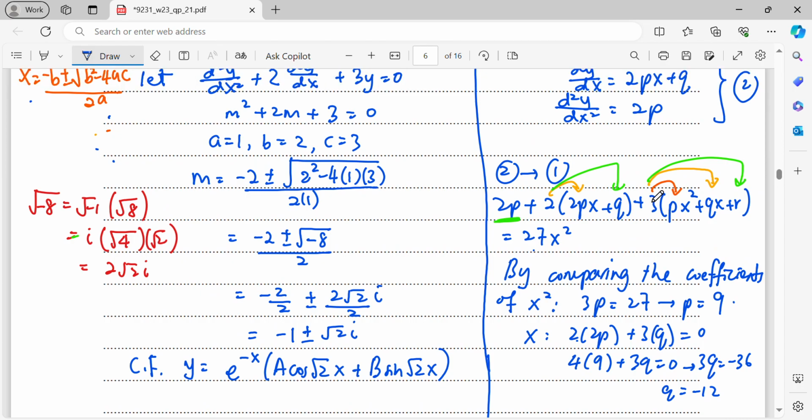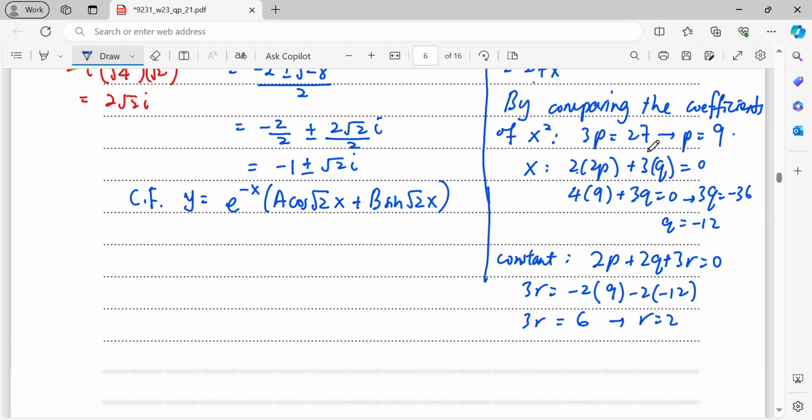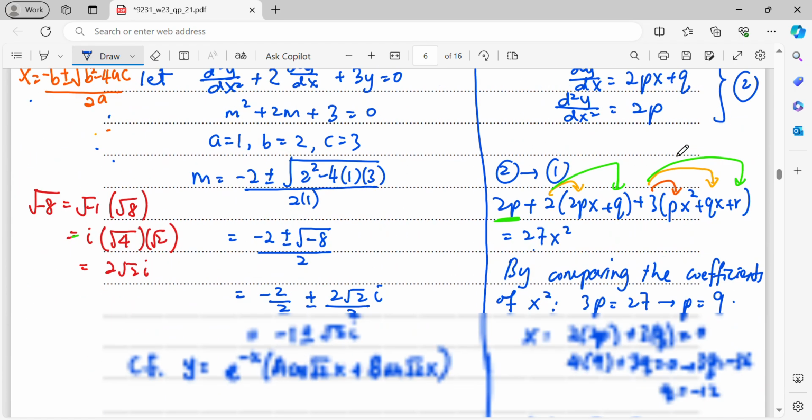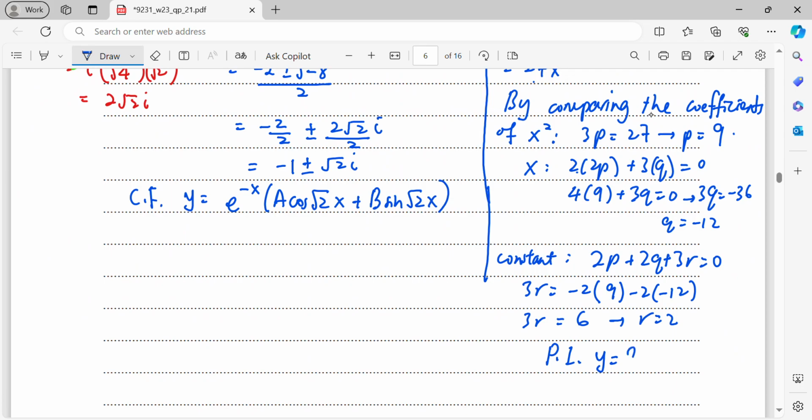So with this, I can write down my particular integral. My particular integral, y equals px squared plus qx plus r, means that it will be 9x squared. Q is negative 12, so minus 12x plus 2. So with this, I will get my general solution.